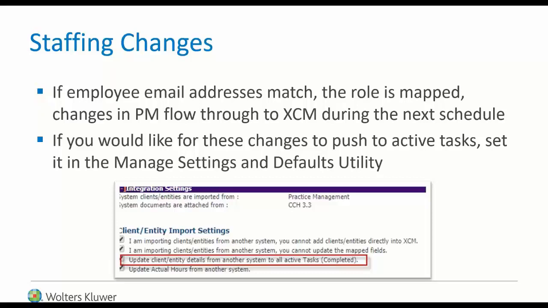If you make a staffing change to an existing profile, it will come over during that next scheduled synchronization. It will update the XCM client database, and this option inside the integration utilities allows you the ability to say, yes, I want this to also push out to all of my active tasks.